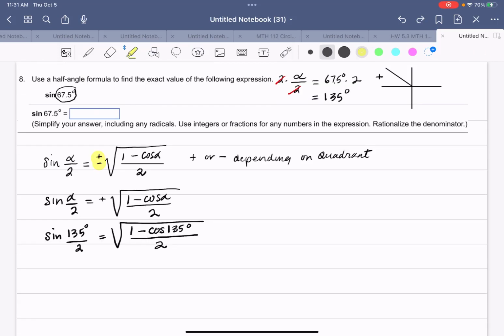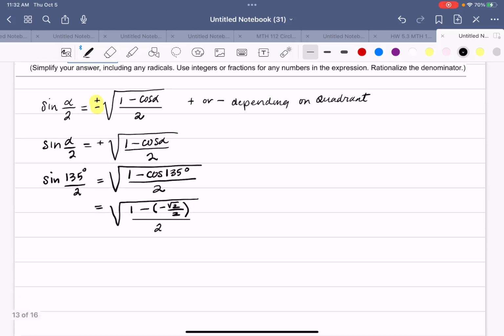And now I'm looking at cosine, and the cosine in this second quadrant is negative. So this is going to be the square root of 1 minus negative square root of 2 over 2, and all of that is over 2.